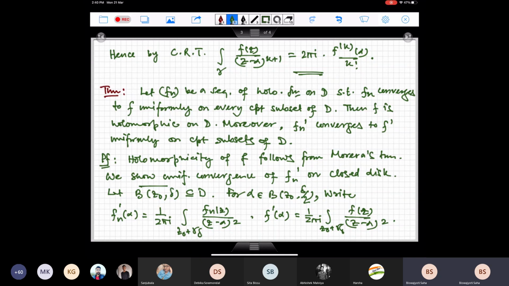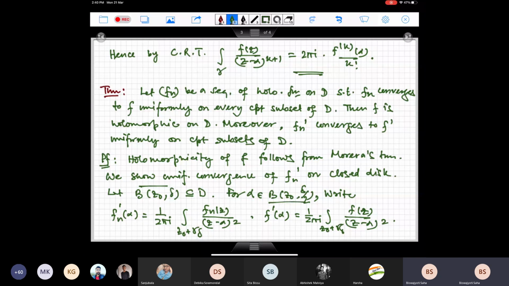So you can choose these kind of balls. For example, you can think of showing uniform convergence on any ball of radius less than half or something, and then you choose some ball which is inside this domain and write down the integral expression for such balls.